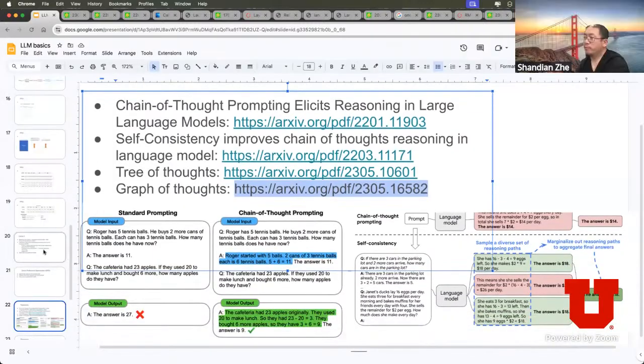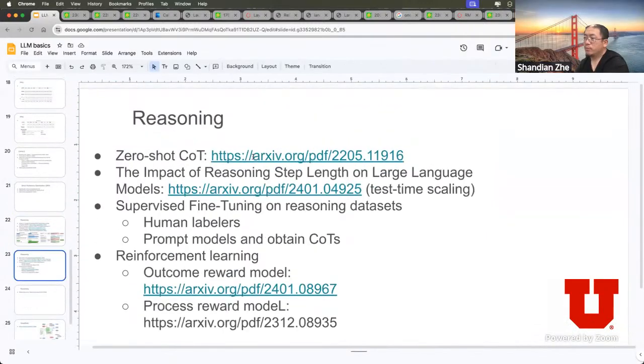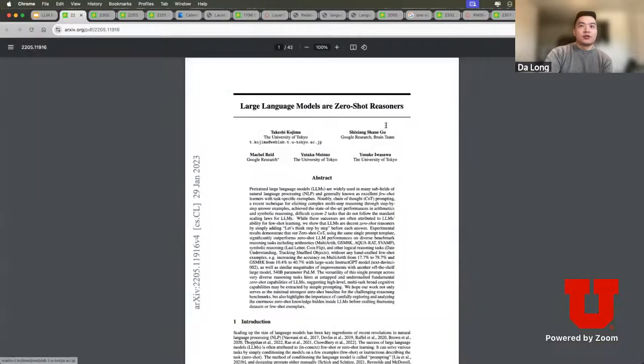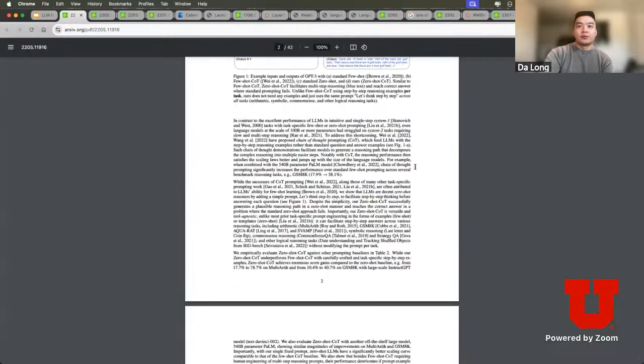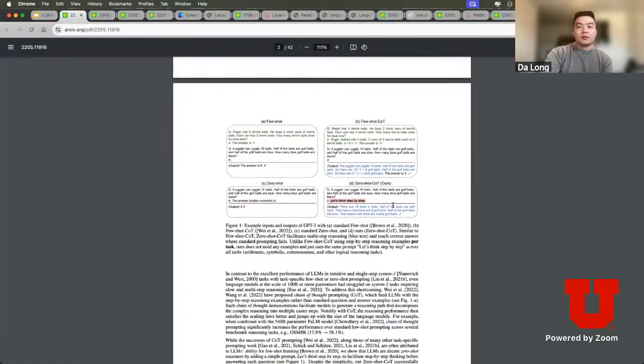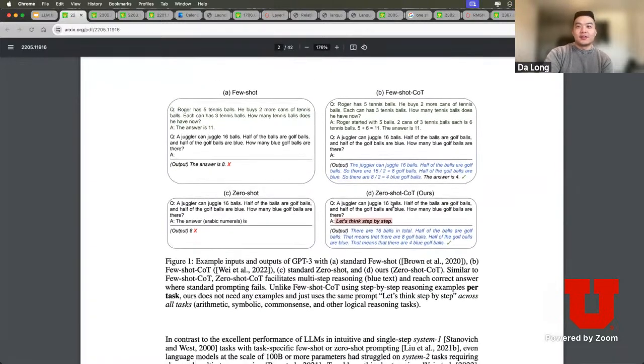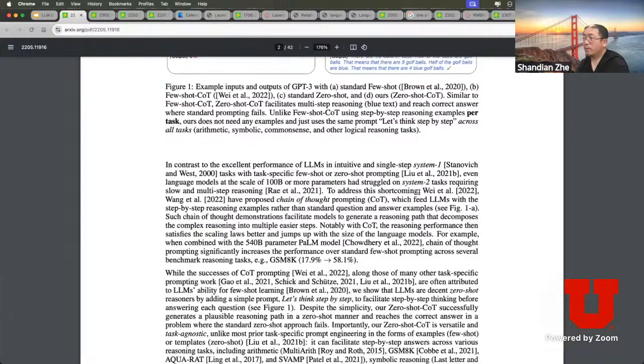Okay. And there is a zero shot chain of thought prompt. In this paper, they discovered that if you just give the model a prompt like, let's think step by step, the model will give you a chain of thought. So they call it zero shot chain of thought. That's it.